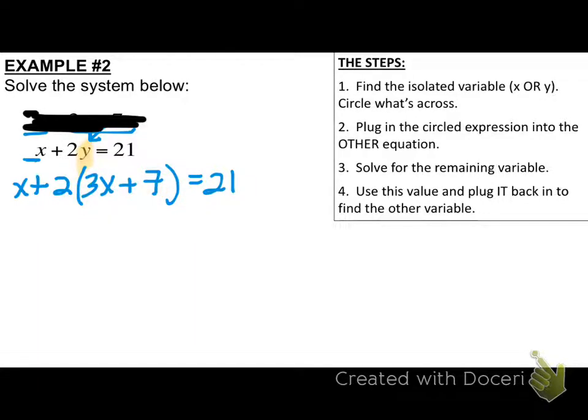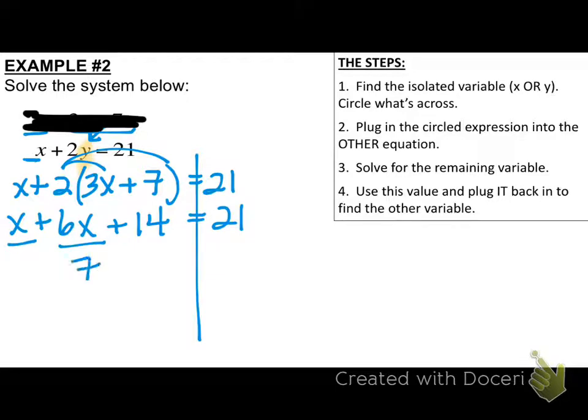All right. So let's continue. We got the 3x plus 7 substituted in. You'll also notice that I have no more y's left, which is good. That means I can solve. 6x plus 14.